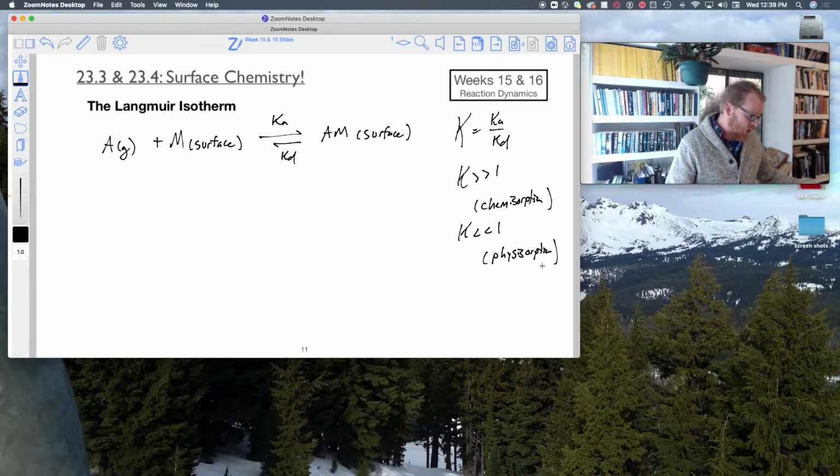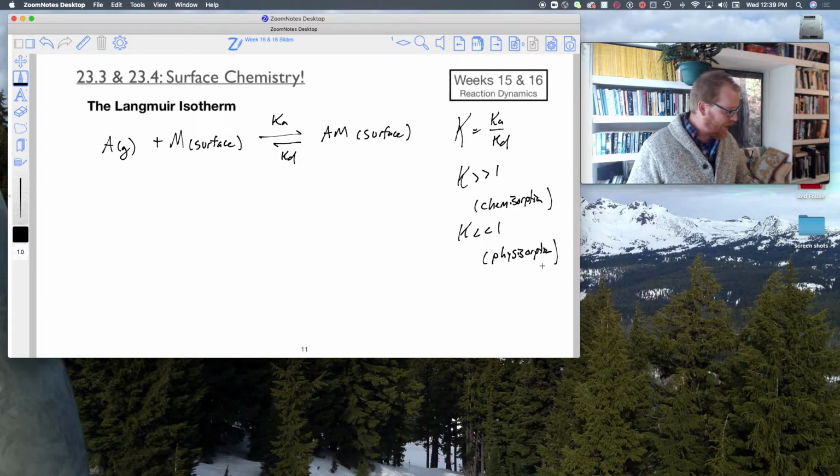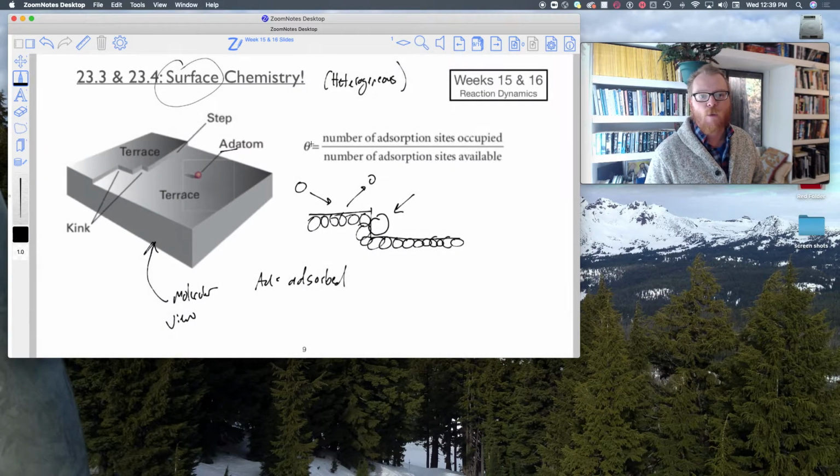Okay. I wanted to get into this mechanism, but because we're nearing the end of the semester and I'm running out of steam, I just want to talk about this theta that I forgot to mention before.